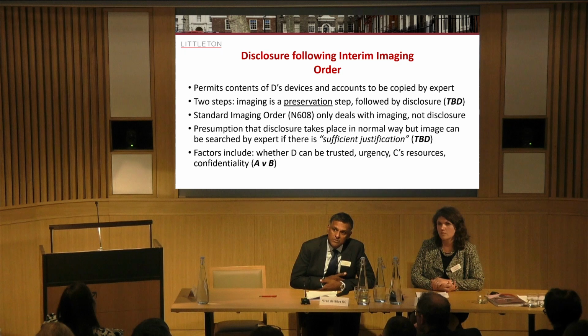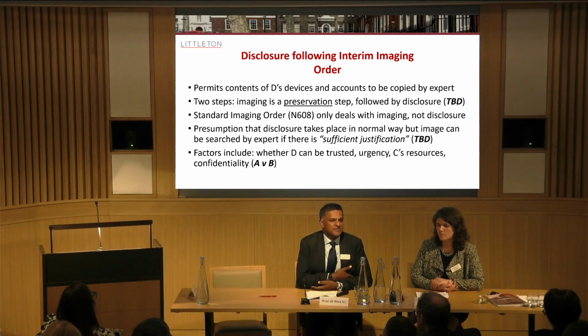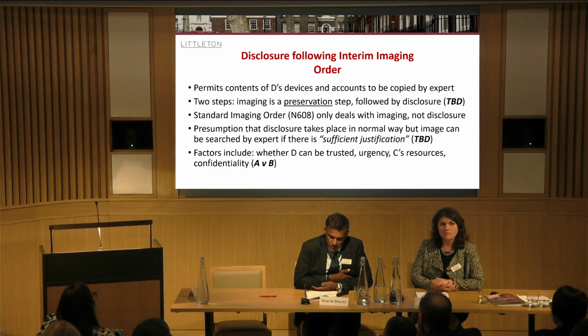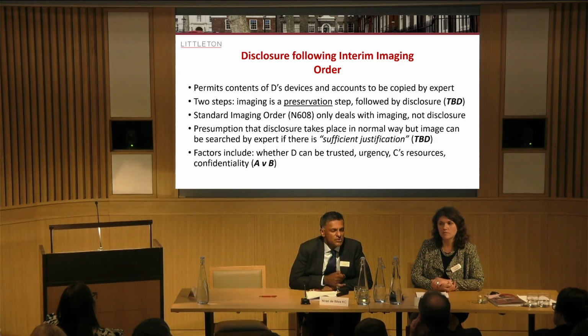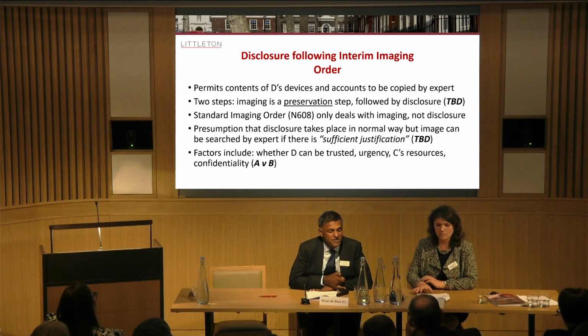Now, that presumption can be departed from if there's sufficient justification. The Court of Appeal doesn't tell us what sufficient justification means, but it did refer to the case of A and B. And one of the factors that determines whether or not the claimant, probably through the expert, can search the images at that point, is the extent to which the defendant, the ex-employee, can be trusted to carry out their own disclosure.